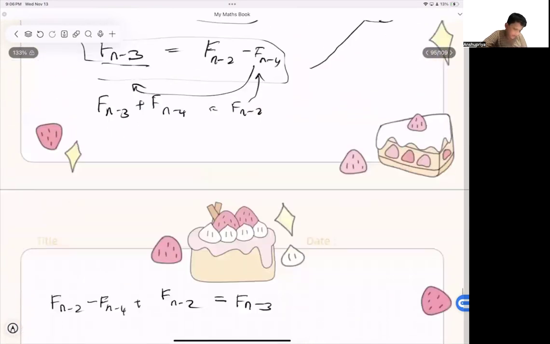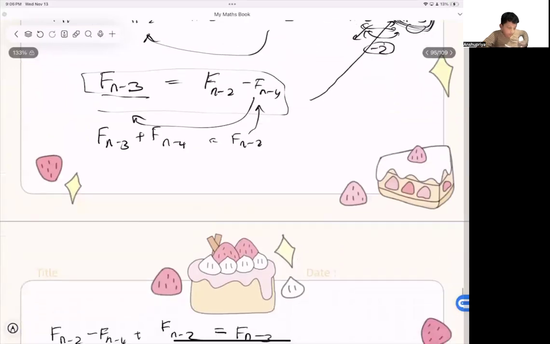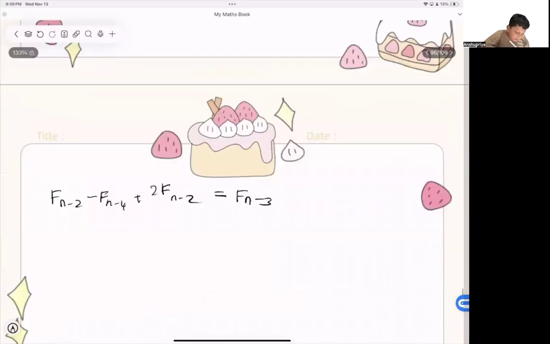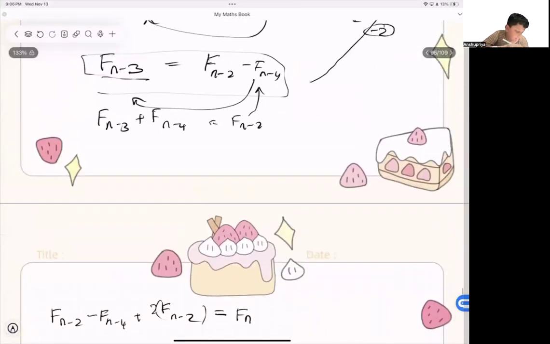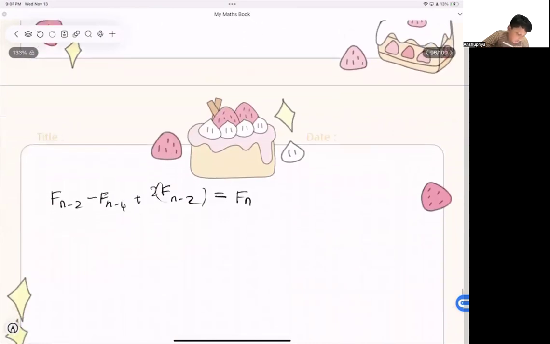I put it and I get, two terms multiplied, this will be equal to Fn. Okay, I am just putting the terms back to back. So I will get Fn equal to 3Fn minus 2 minus Fn minus 4.